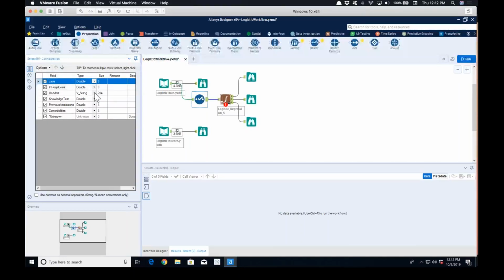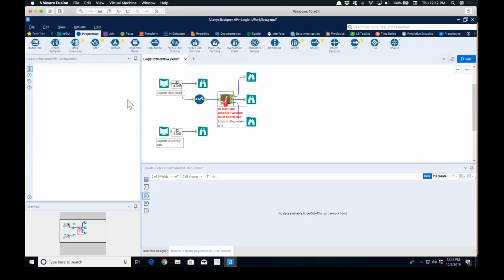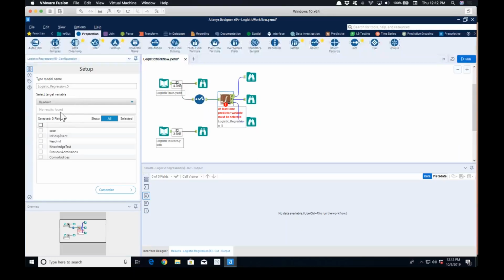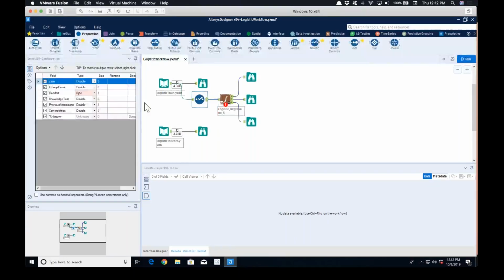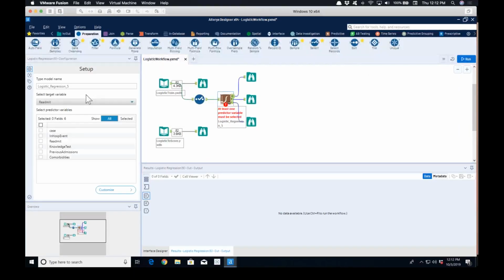Suppose we were to change this to a double, or even just a byte, because it's 0, 1, we could put it in a byte format. But then that's not possible to pull in. If we were to try to run this, that readmit would be grayed out.